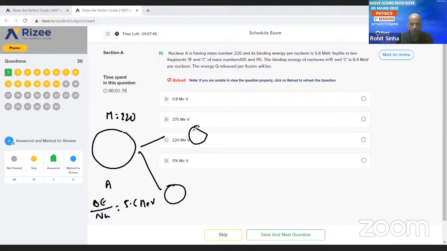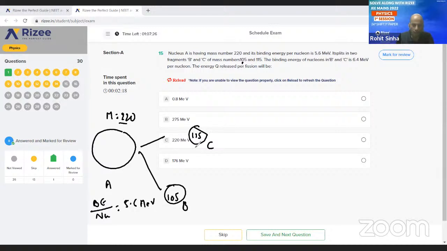And their mass numbers are also given: 105 and 115. That means A is the reactant and these are the products of the nuclear reaction.